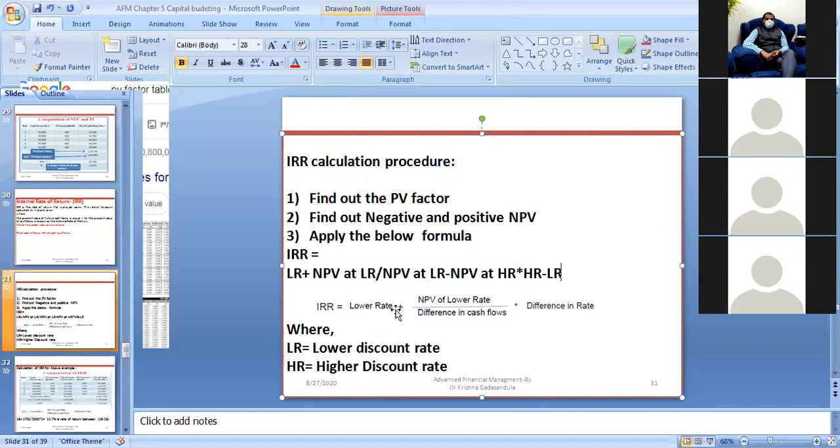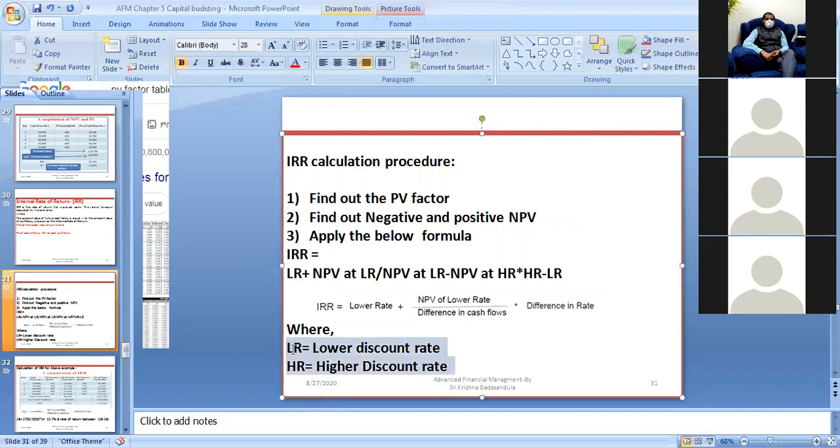Lower rate plus NPV at lower rate, divided by the difference in NPV, times the difference in rate. Please remember this formula so that we can calculate. If we calculate one example, you will understand this. LR means lower discount rate, HR means higher discount rate.